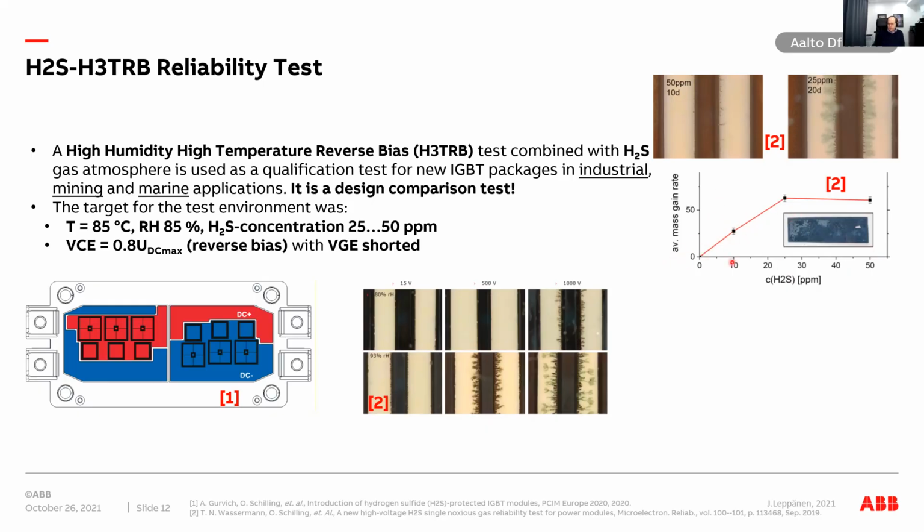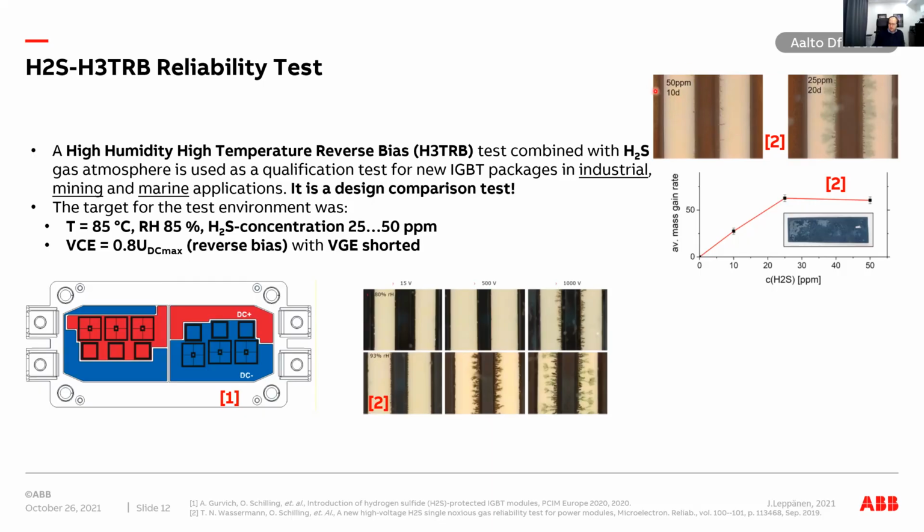It was realized that at 25 ppm, the mass gain does not rise anymore, so it saturates already. So that's why the question is asked whether we should actually do it at 50 or 25 ppm. In principle, you could do it at 25. Maybe you don't get failures that fast, but in a 1 month or 20 days test, you should see something.